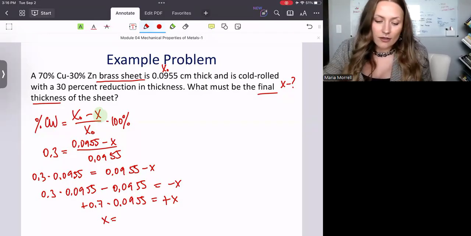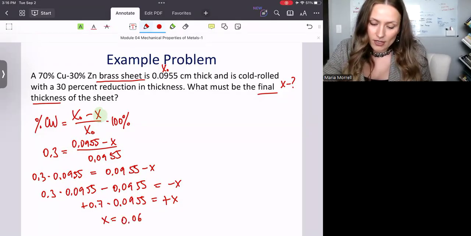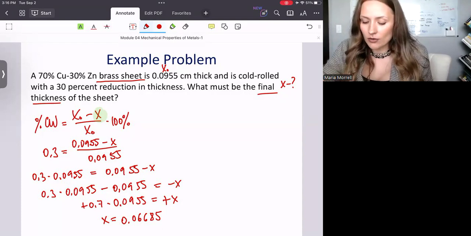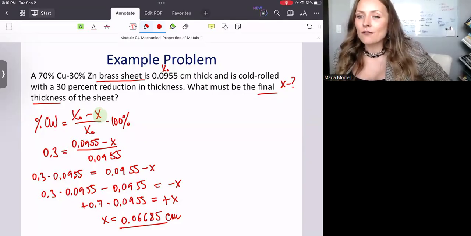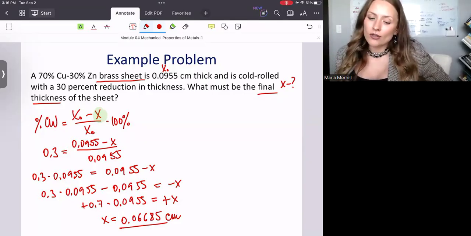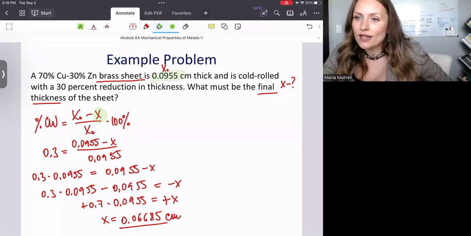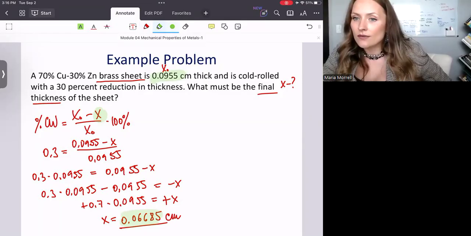It looks like the final thickness is going to be 0.06685, or 0.0669 if I am to keep the same amount of significant digits as in the example. But this is the final thickness. So basically, if you are to begin with a sheet with this thickness, and if you apply 30%, you will end up with this thickness.